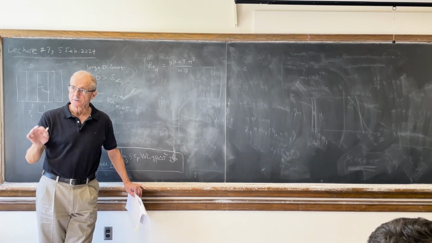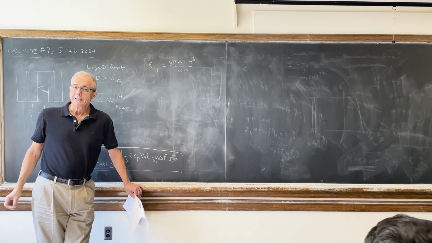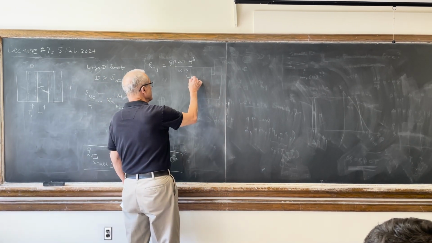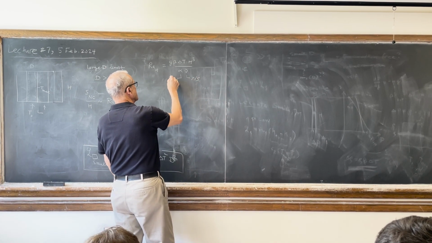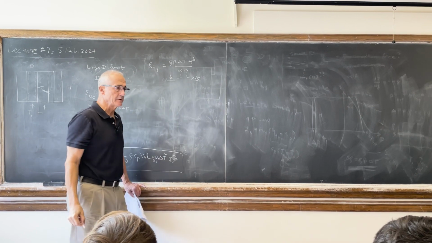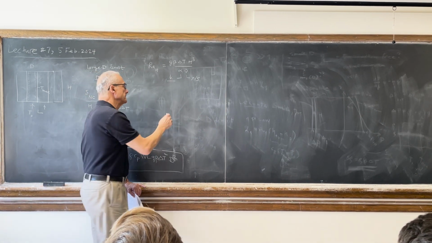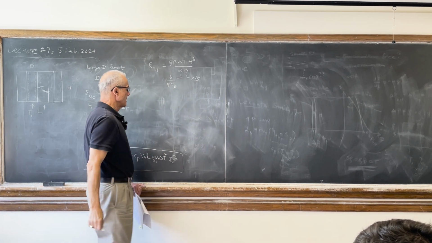Write it down because it's good for the soul. It's also good for hand to mind coordination. This nu is, of course, mu divided by rho. Alpha is air thermal conductivity divided by rho Cp.